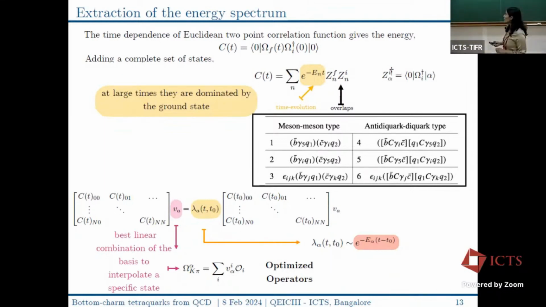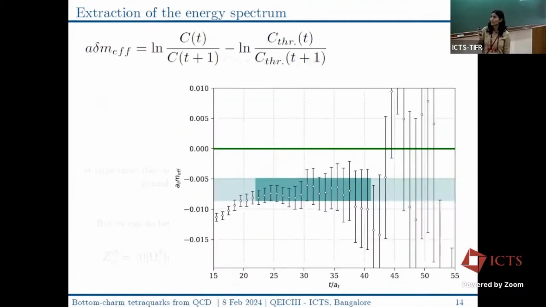We find the ideal combination of all the different operators that project to the ground state maximally. Since in this work I'm only interested in the ground state, using the GEVP I calculate the ideal mixture of operators that projects to the ground state. This is an example of one of the energy level determinations.